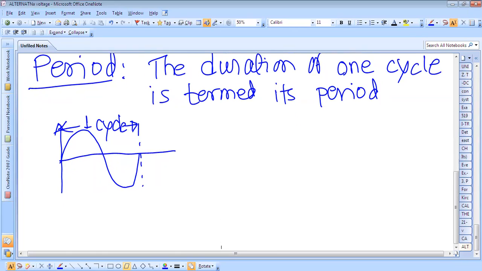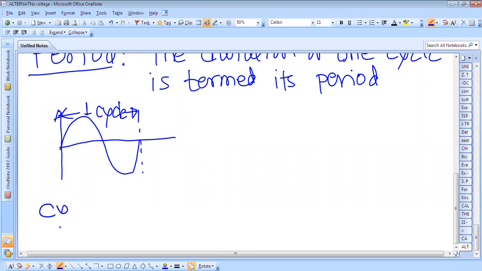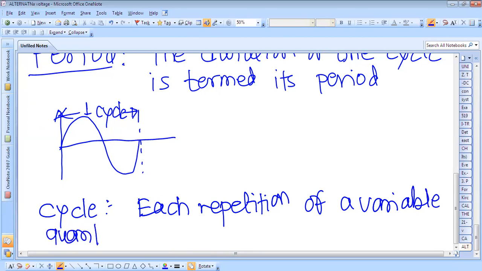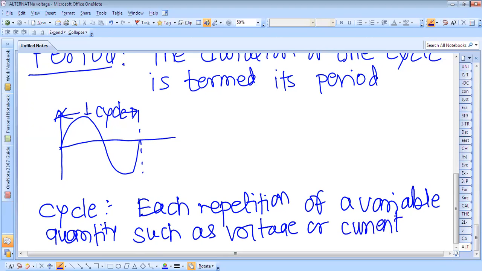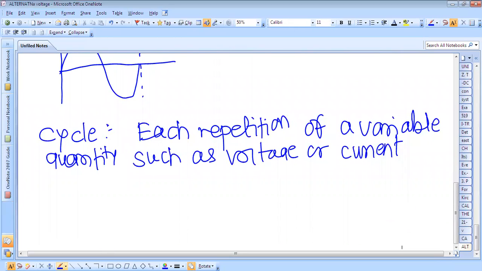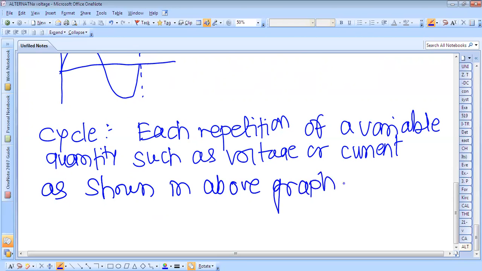That is a cycle. Each repetition of a variable quantity such as voltage or current, as shown in the above graph, is termed a cycle.